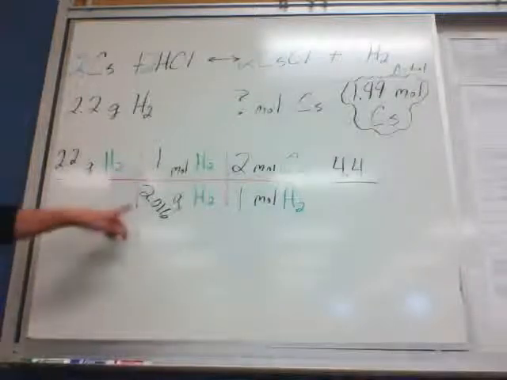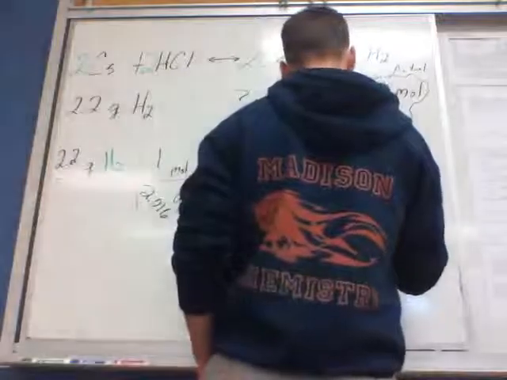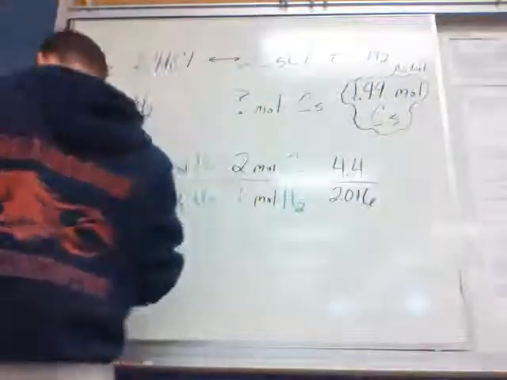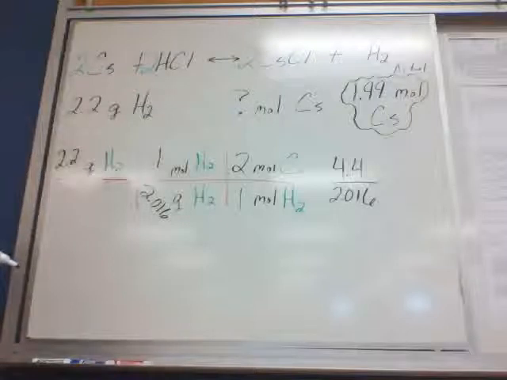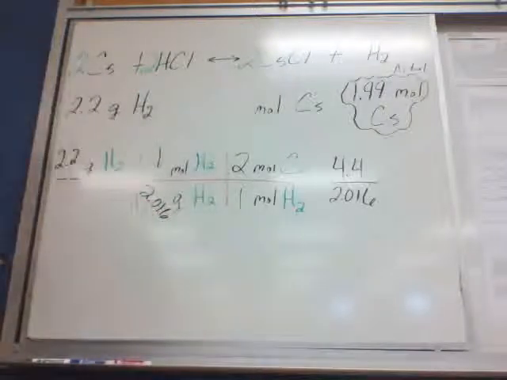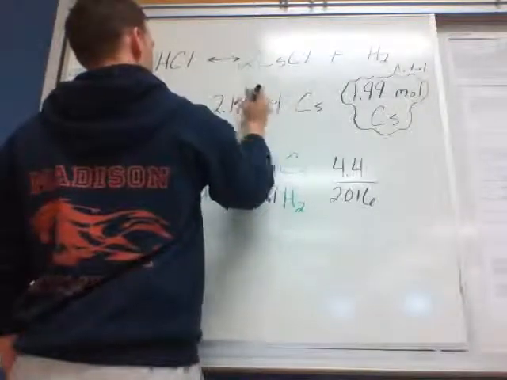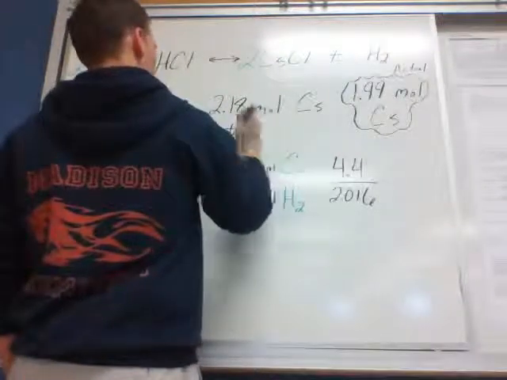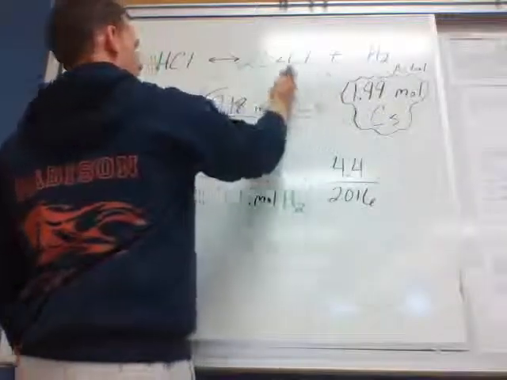Multiply across the bottom. 2.016 times 1 is 2.016. Divide the top by the bottom, and I get a theoretical yield of 2.18.